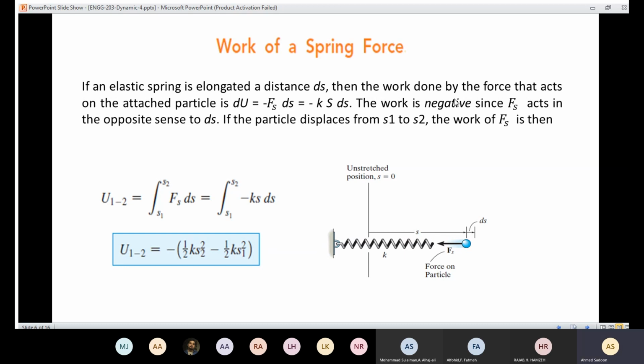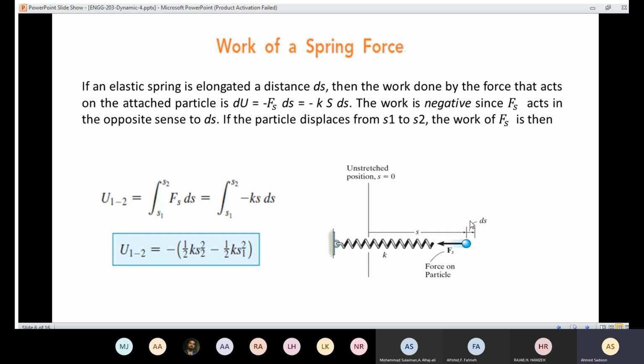Then the work done by the force acting on the attached particle is going to be dU = -Fs ds. Here we put minus Fs because we know that the force of the spring is going to be opposite to that direction. So if the displacement is here, the spring is going to act opposite to the direction of the displacement. That is why the value of Fs should be negative.